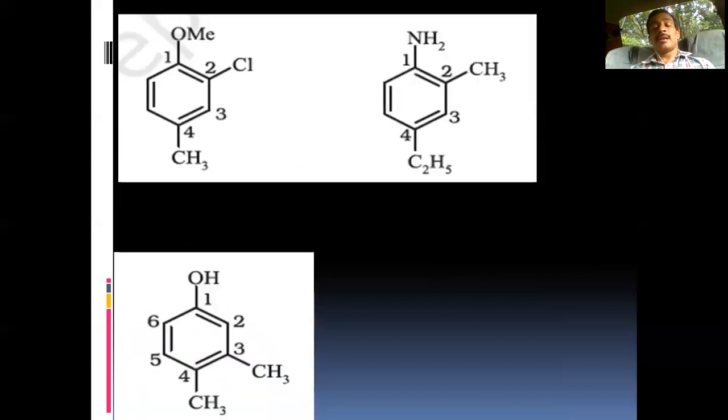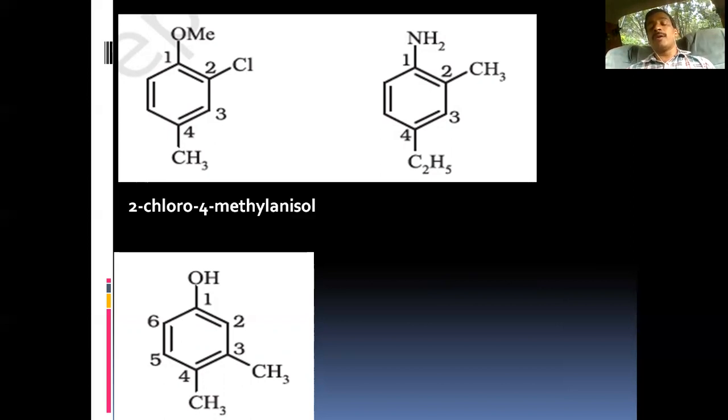Substituted benzenes, numbers are already given. Here it started numbering from here. What is the reason? Because we named it as anisole. If an OMe group is substituted in benzene, it is named anisole. So 2-chloro-4-methylanisole. Here, if an NH2 group is substituted, we will call it aniline. The ethyl group is present in the fourth position, and methyl in the second position.